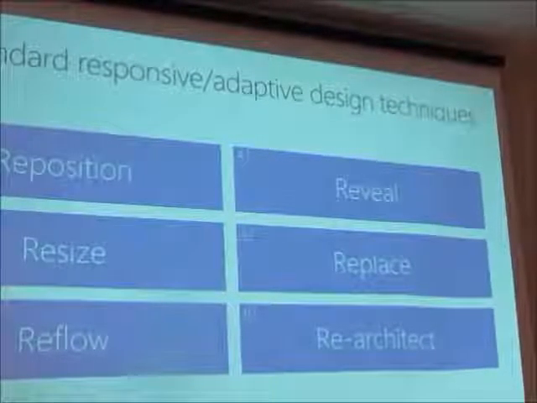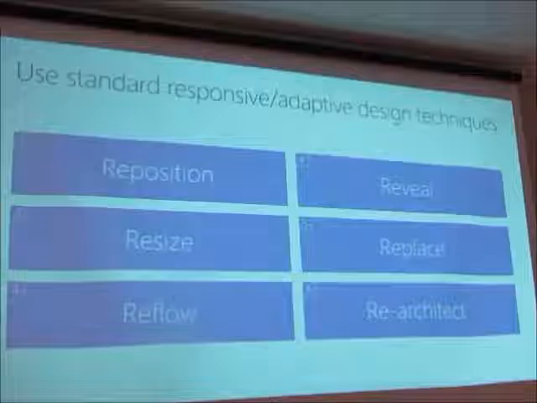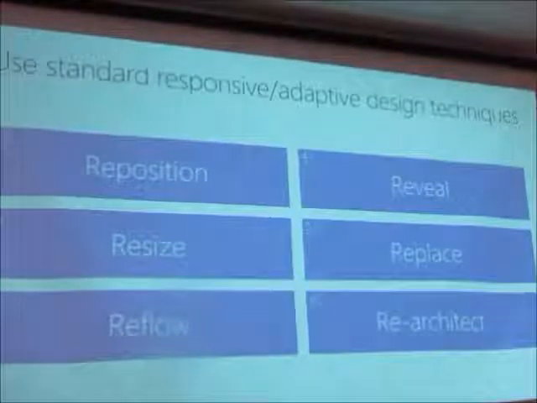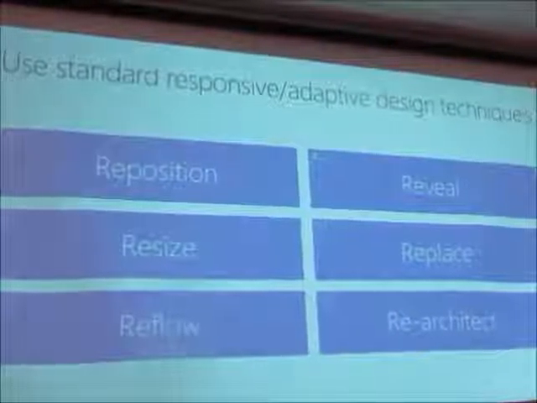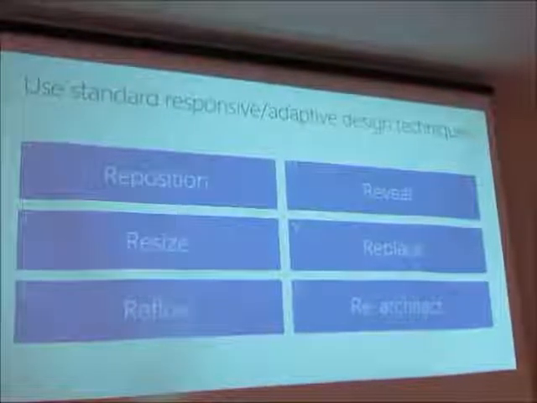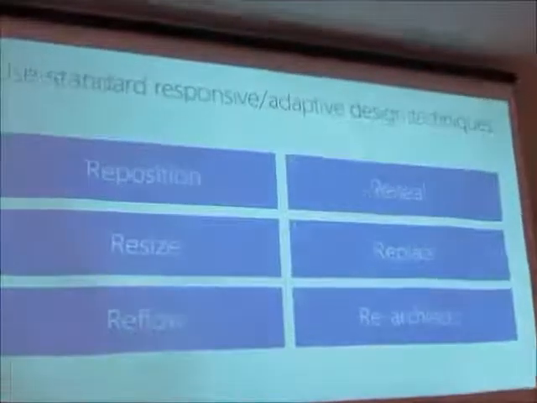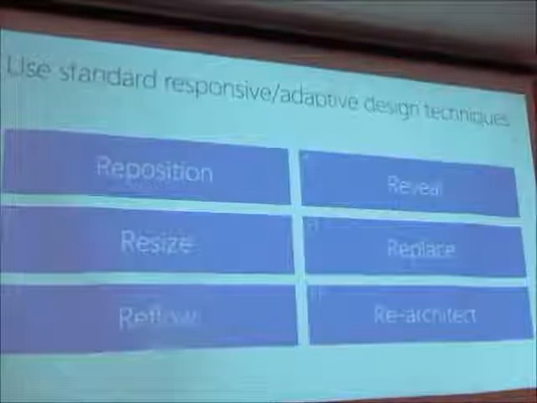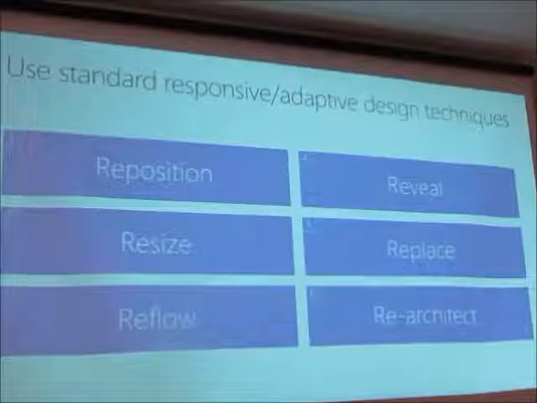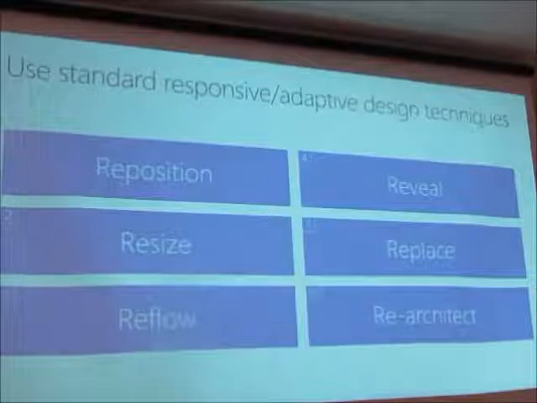So how many people develop for web? Some people know. For people who don't know what it is about, responsive design, the main idea is that you are not designing some fixed sizes for your applications. You just try to put your content in the best way for the current screen size.